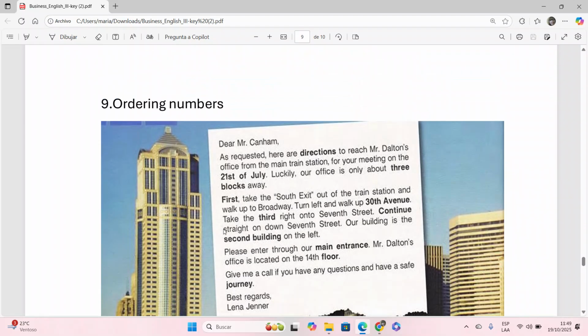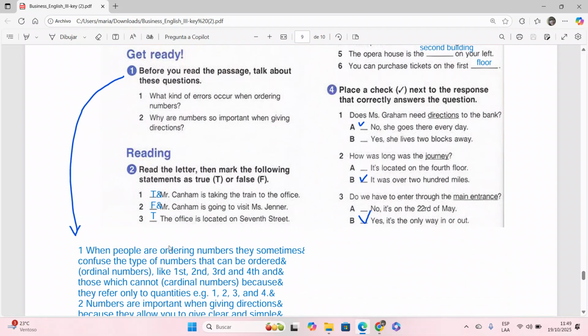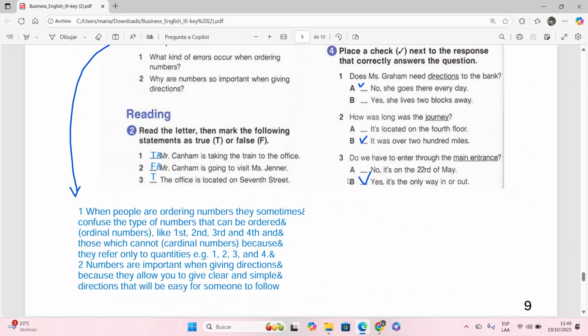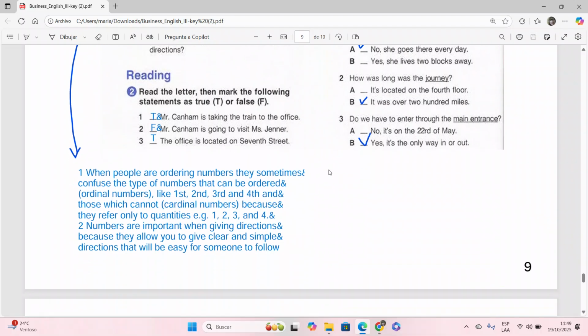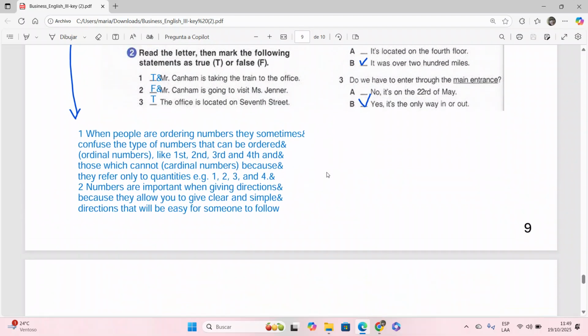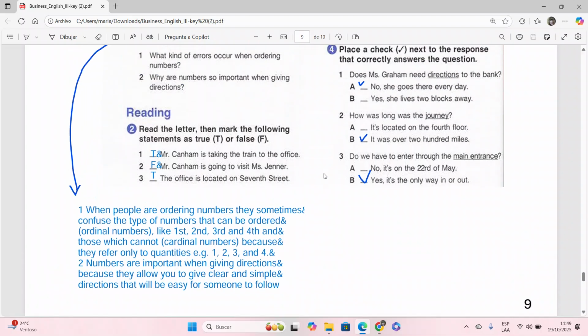Ordering numbers. 1. What kind of errors occur when ordering numbers? When people are ordering numbers, they sometimes confuse the type of numbers that can be ordered, ordinal numbers like first, second, third, and fourth, and those with cardinal numbers, because they refer only to quantities, for example, 1, 2, 3, and 4. 2.